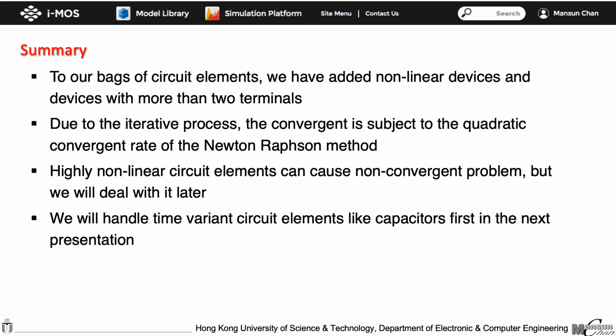As the convergence rate is subject to the quadratic convergence of the Newton-Raphson method, some fast-changing current with respect to voltage, such as exponential function, can create non-convergence problems if not handled carefully. We will deal with the non-convergence problems later. In the next presentation, we will describe how to add time-dependent circuit elements, such as capacitors, first.